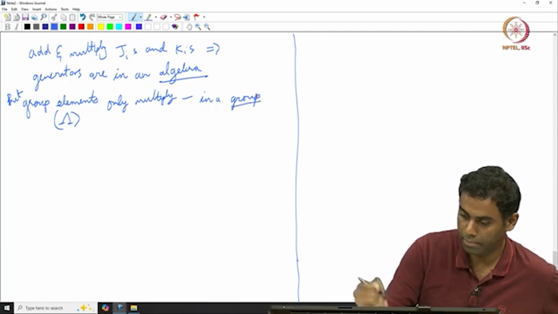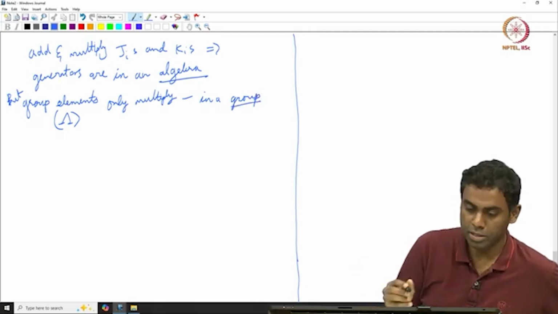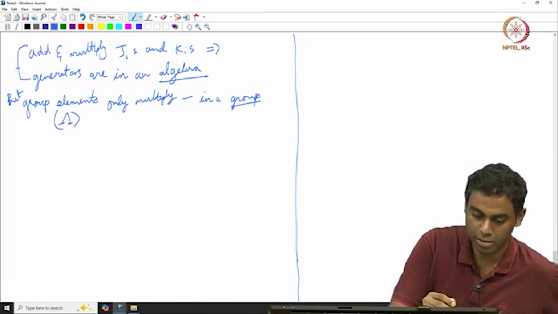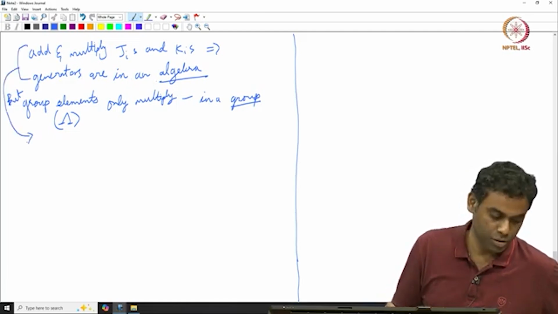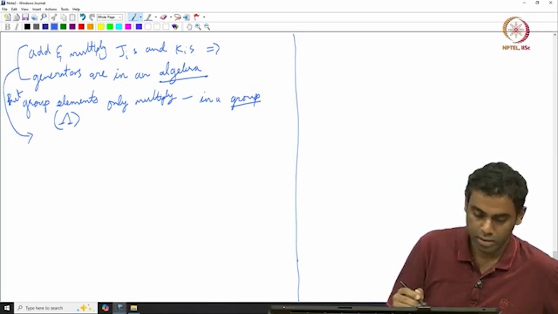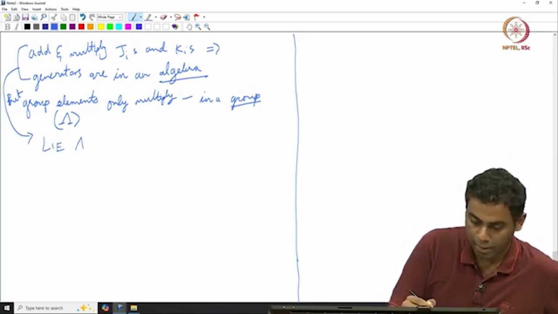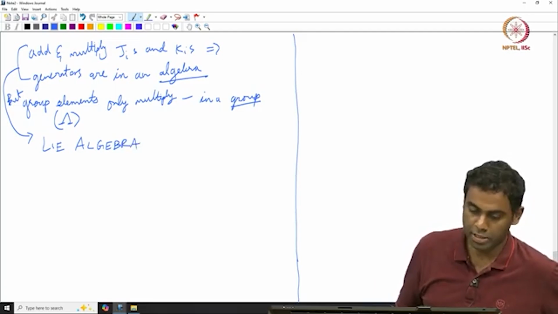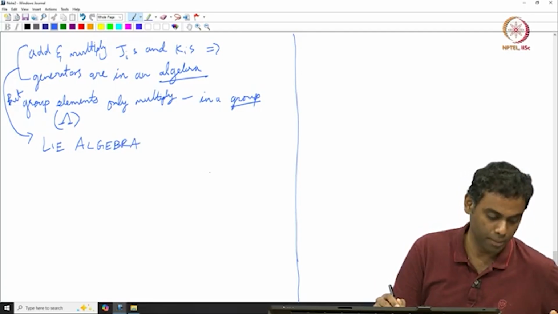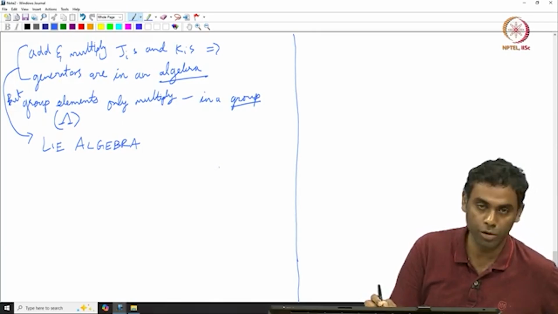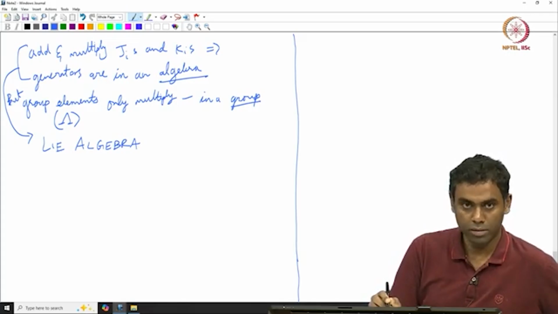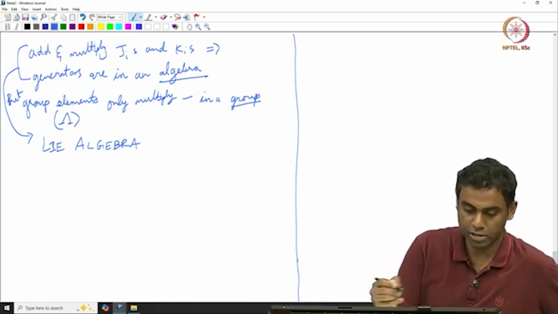Since you have the generators being in an actual algebra, this gives rise to the notion of a Lie algebra. So basically the generators form a Lie algebra, that is, there is a multiplication rule for the generators themselves.